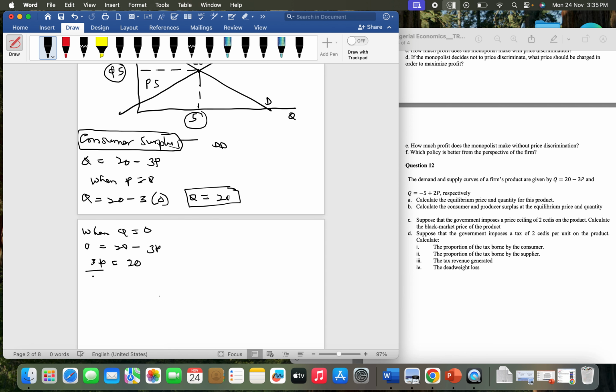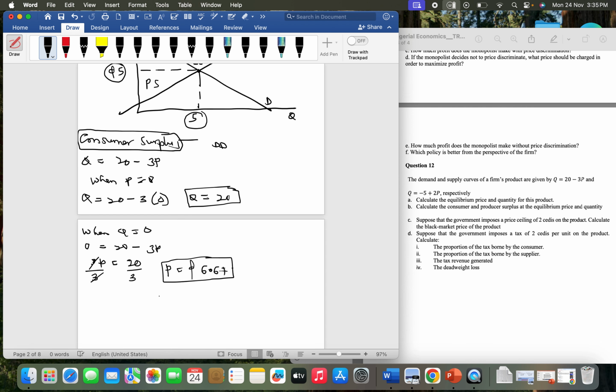Since we are finding p, we divide both sides by the coefficient of p, which is 3. So I have p to be 20 divided by 3. When you punch it on a calculator, you get 6.67.